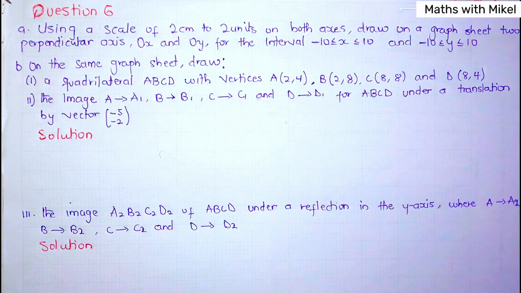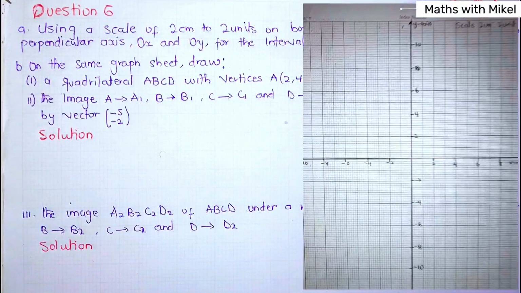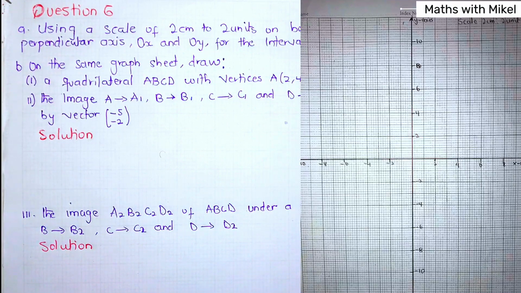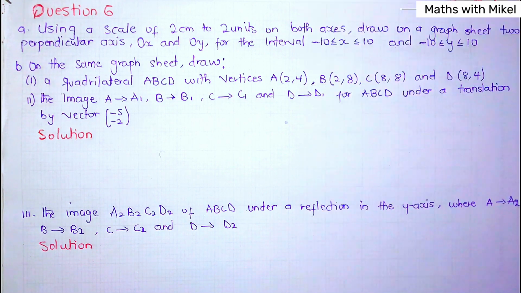So I'll show a picture of how to draw your 2 perpendicular axes. That's the x-axis and the y-axis, and you write your scale nicely. So this is a picture of how the x and y-axis is going to be like.